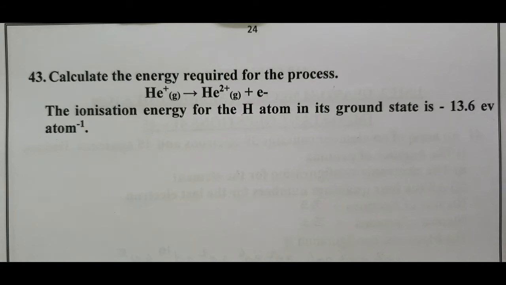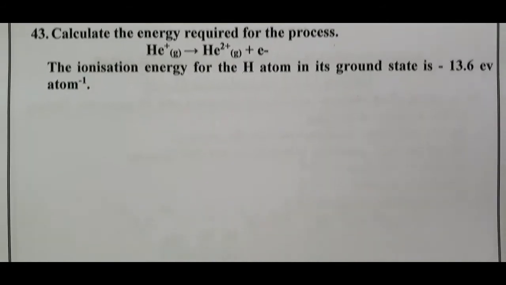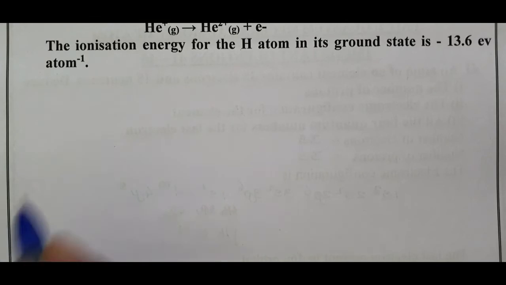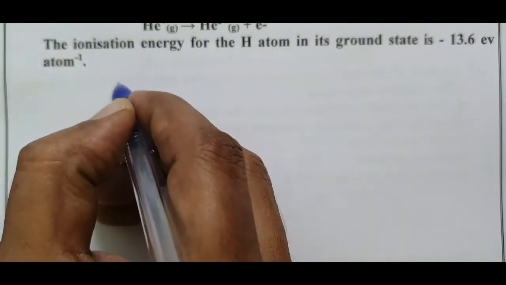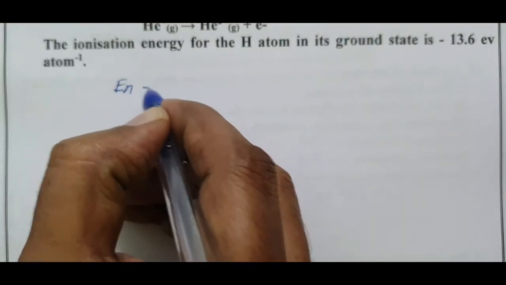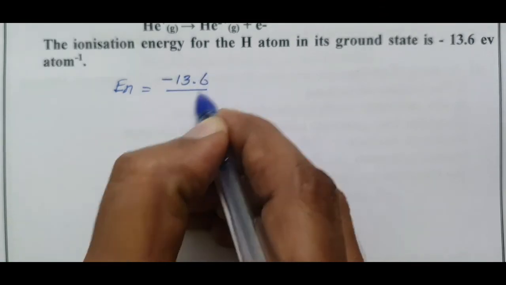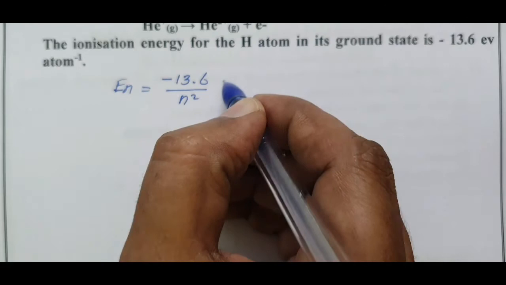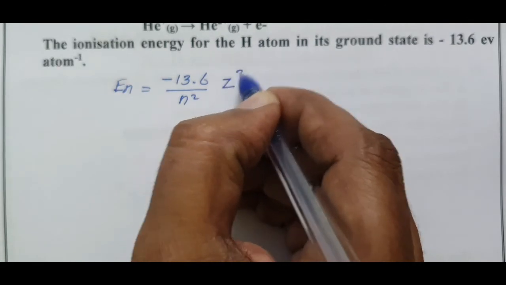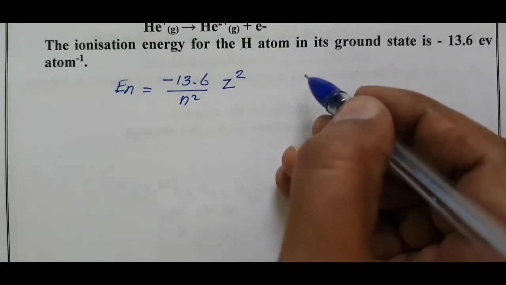We know the formula to calculate the energy of the electron present in the nth level. En equal to minus 13.6 divided by n squared, principal quantum number, into z squared, atomic number.